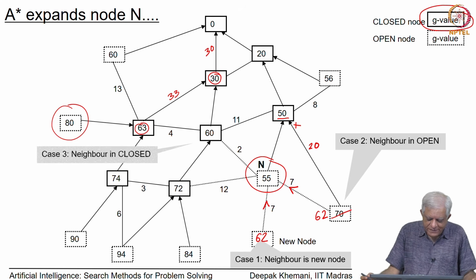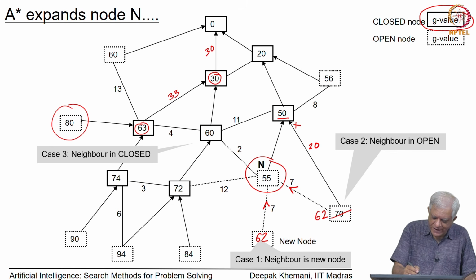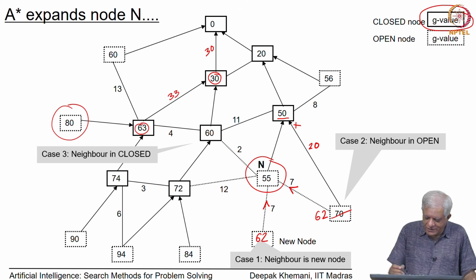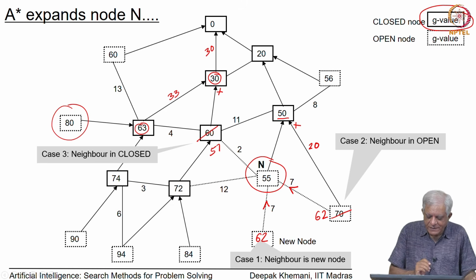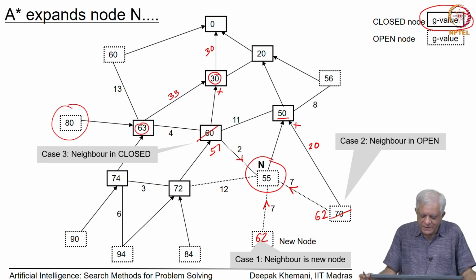But in case 3, when the node is on closed, then also we have to make the change. So, this node had a cost of 60, and now from 55 we have an edge of length 2. So, this will become 57, 55 plus 2 is 57, and we would again want to remove this parent pointer from here and make it point to the current node.